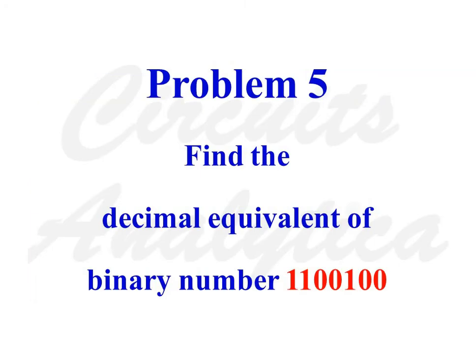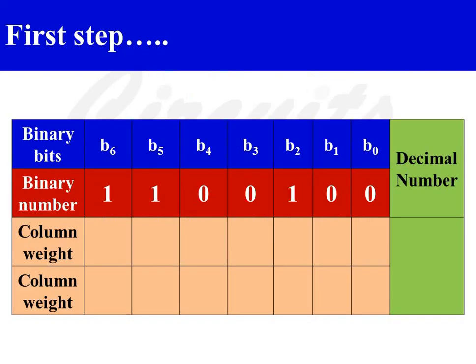Find the decimal equivalent of the binary number 1100100. In the second row, enter the binary number as 1100100.